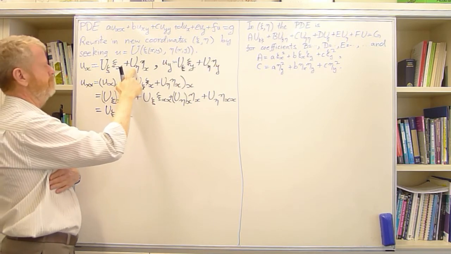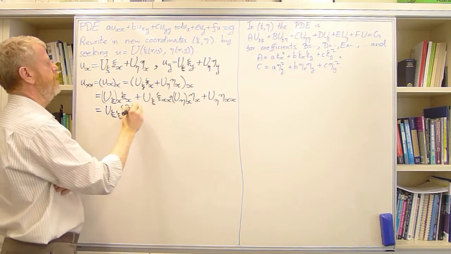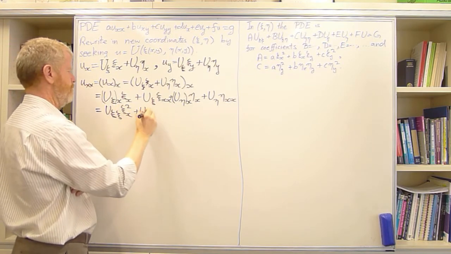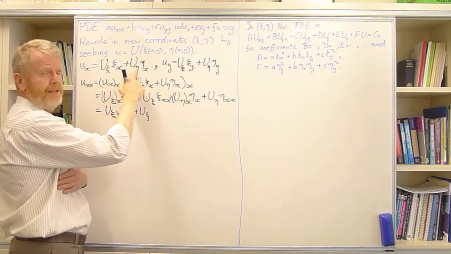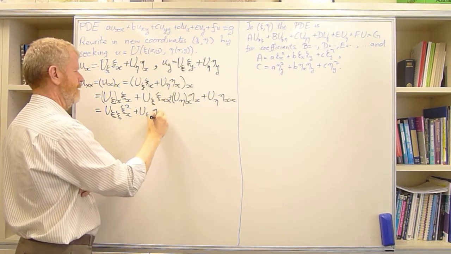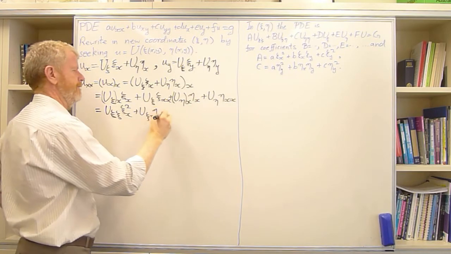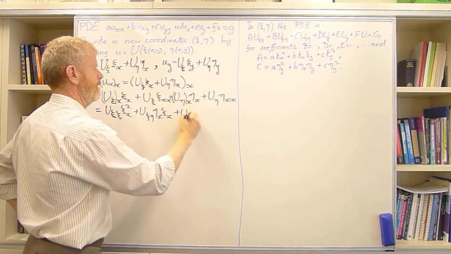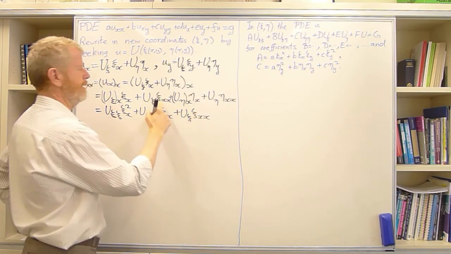Then there's this term, right? So there is u psi from here, and then d by d eta times d eta dx times this dpsi dx. And then we've got plus u psi psi xx, that second term.